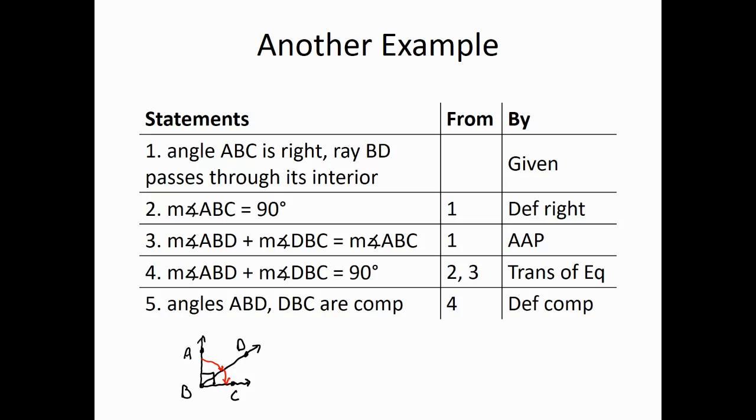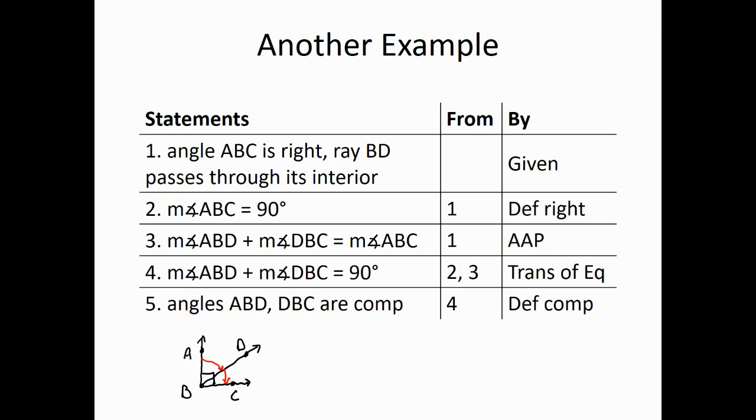Now, let's think about lines number 2 and 3 together. We're told that ABC is equal to 90. We're also told that ABC is equal to ABD plus DBC. And we know by the transitivity of equality that things equal to the same thing are equal to one another. So 90 is equal to ABC. ABD plus DBC is equal to ABC.